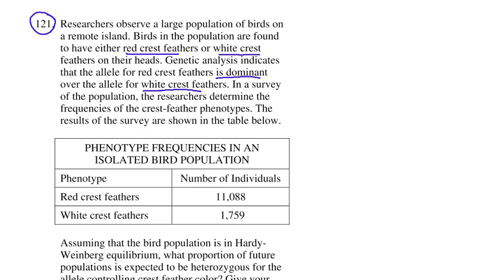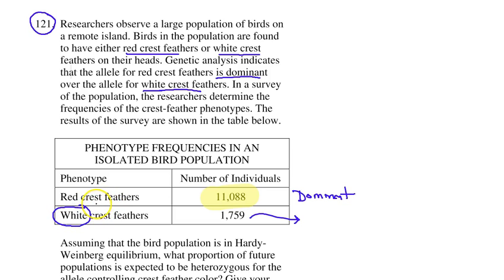So when I look, I can see that the red crest is in larger quantity. That's my dominant, or at least my dominant allele is there. And then I can see this must be my recessive, and there's the white crest feathers there.